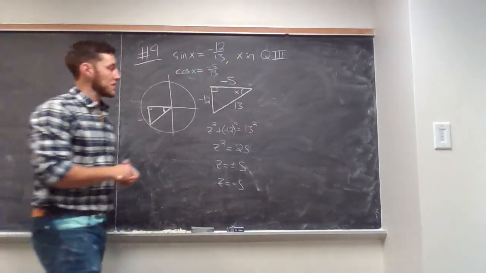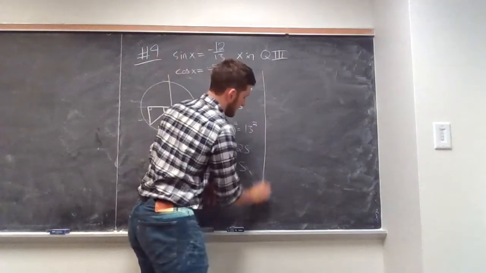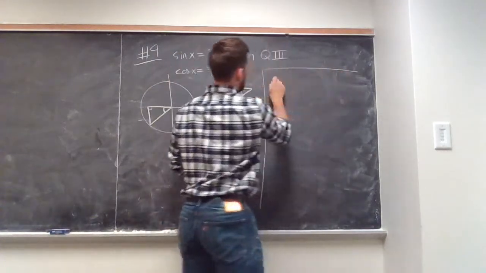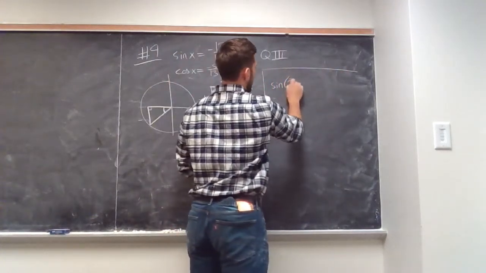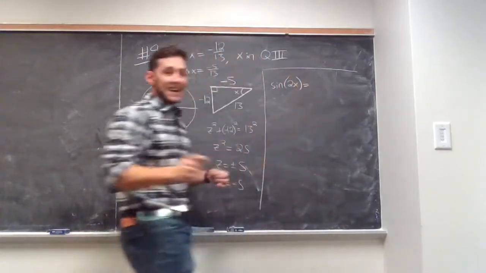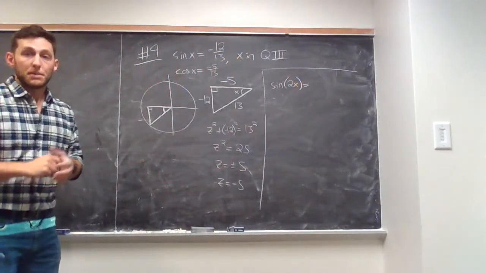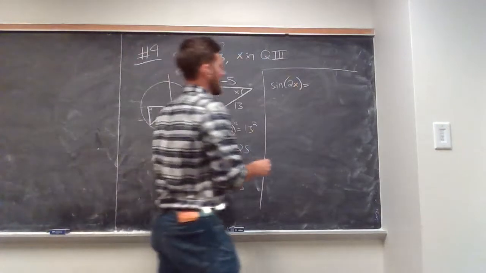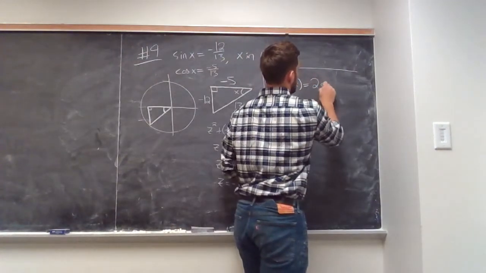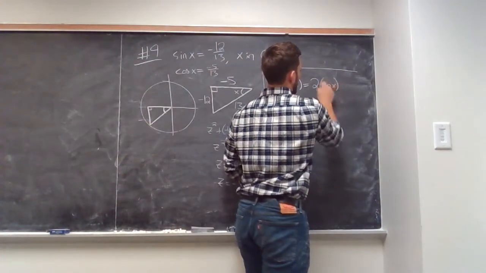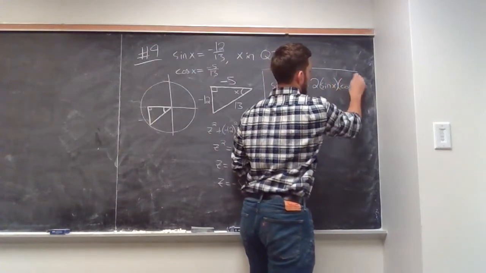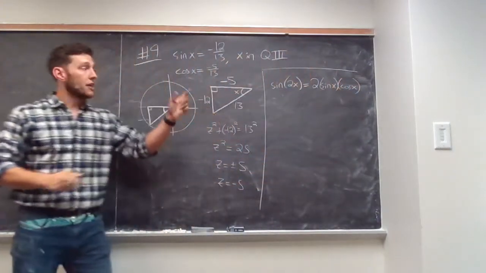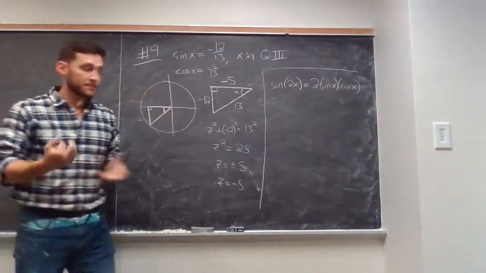The reason this gets us to where we want to go: in the problem, I was after sine of 2x, cosine of 2x, and tangent of 2x. By rote memorization, sine of 2x is equal to 2 times sine of x, all times cosine of x. And now I have sine and cosine of x.